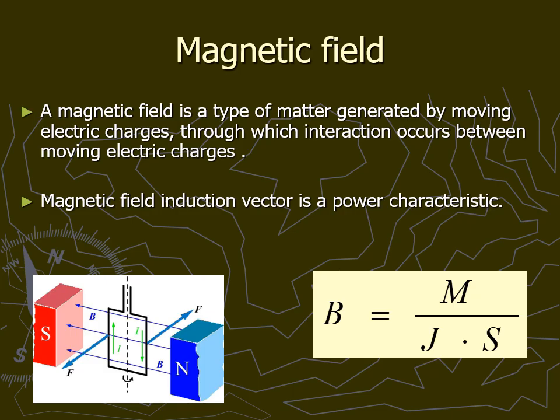In other words, we can evaluate it by the maximum moment of forces that act on a frame with a current placed in a magnetic field, divided by the current that flows through the frame and the area of this frame.